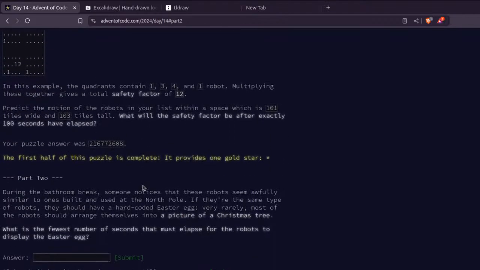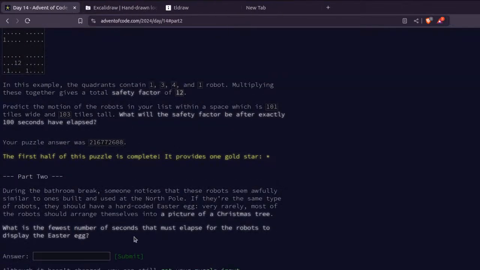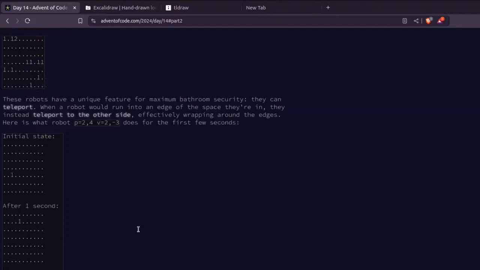How do we figure out it's a Christmas tree? Is this missing information?